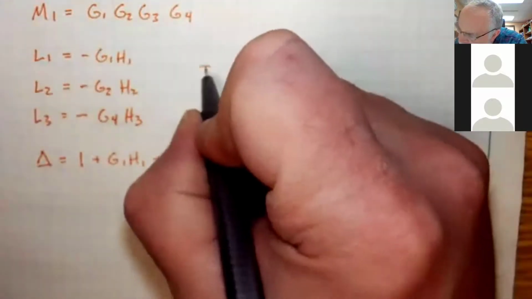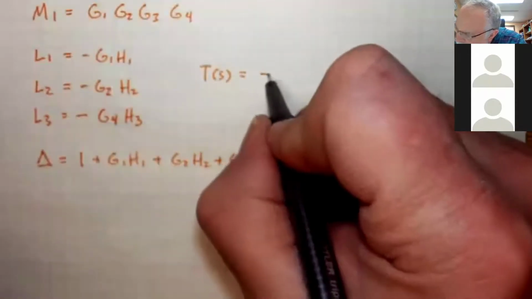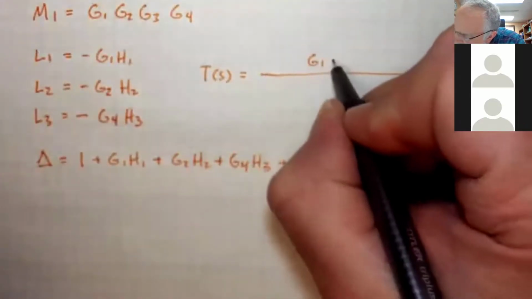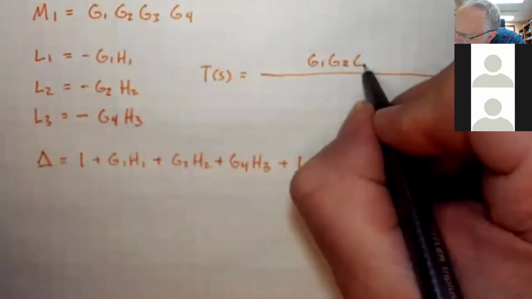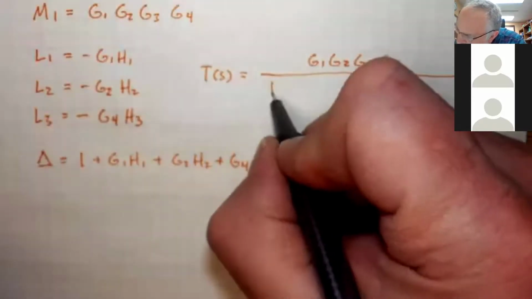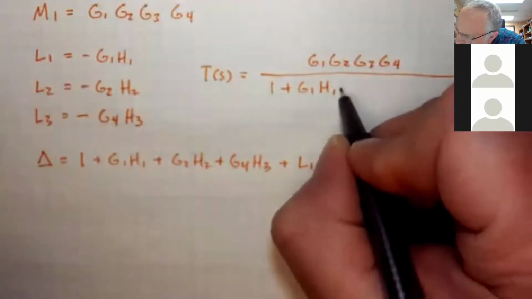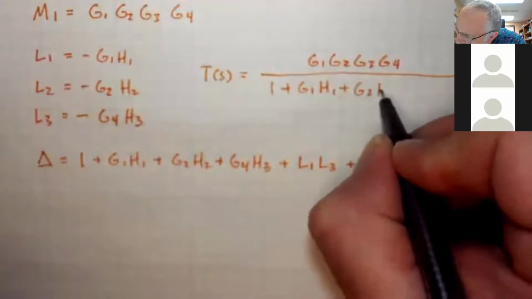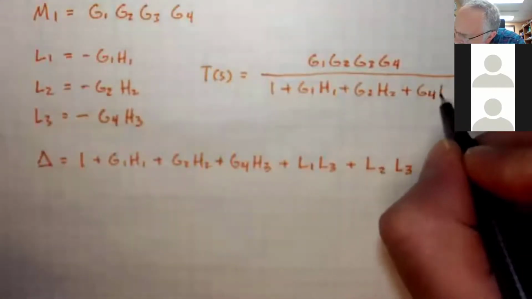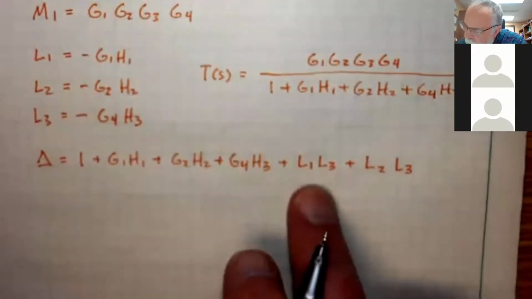So my overall transfer function T(s) is going to be G1, G2, G3, G4 over 1 plus G1 H1 plus G2 H2 plus G4 H3 plus loop 1 times loop 3.